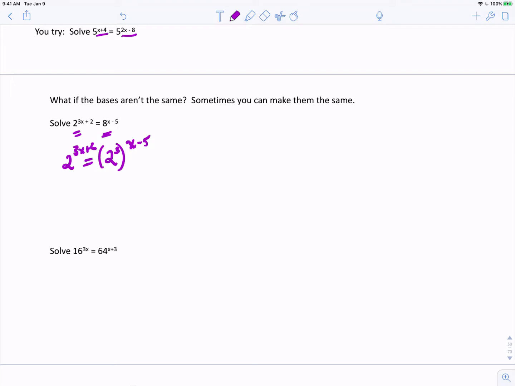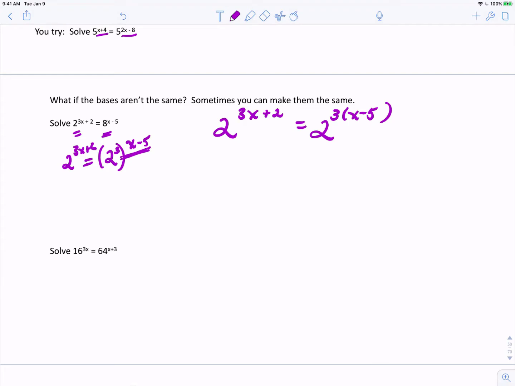And we know how to deal with exponents being raised to a power: we multiply the exponents together.